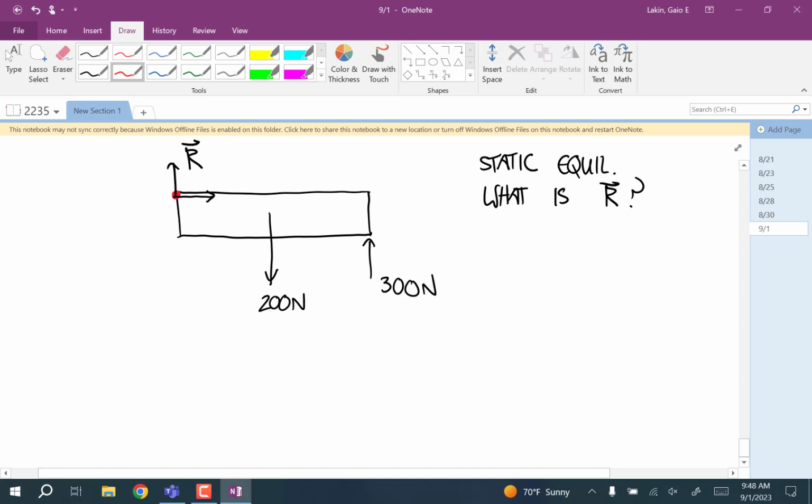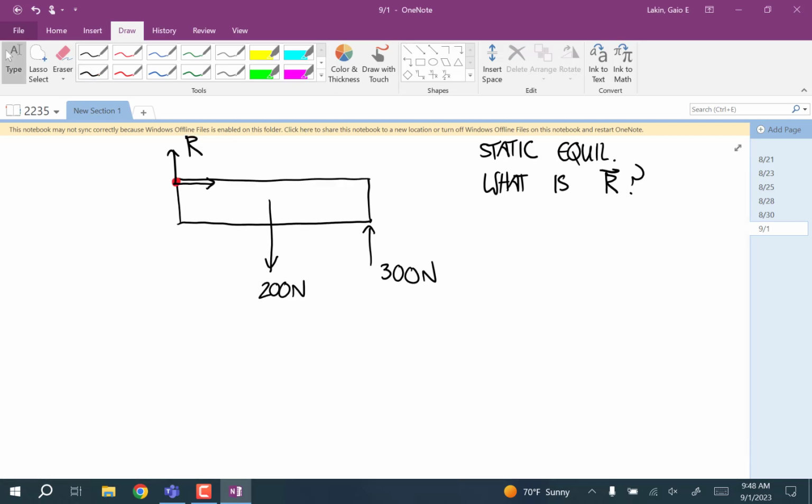It doesn't matter where you put it though. And I have to give dimensions. Let's use the same dimensions we just used. So I'll call this 2 meters and this 0.5 meter. And this is our about point A.